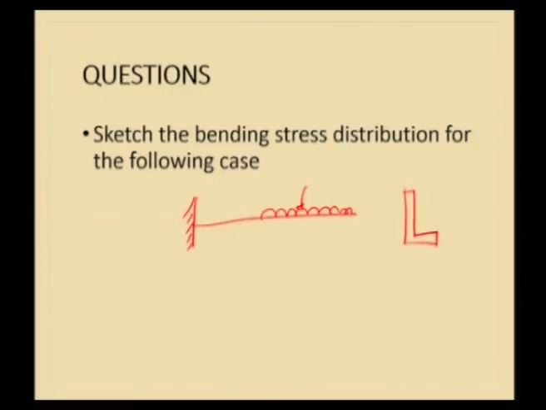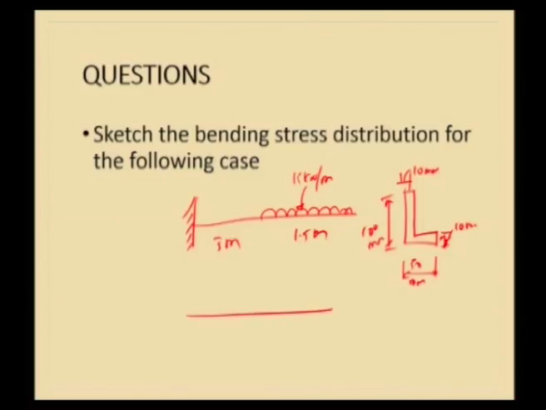The loading is 15 kilonewton per meter, the distances are 3 meters and 1.5 meters, and the cross section is an angle section of dimensions 50 mm and 100 mm. The thickness is 10 mm. So, you will have to sketch the bending stress across the cross section.